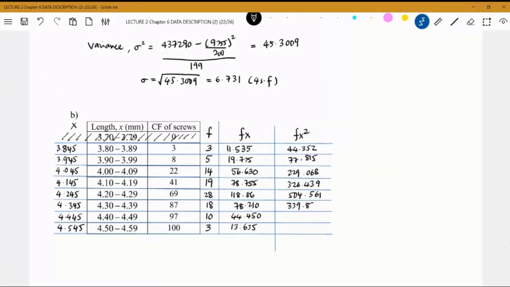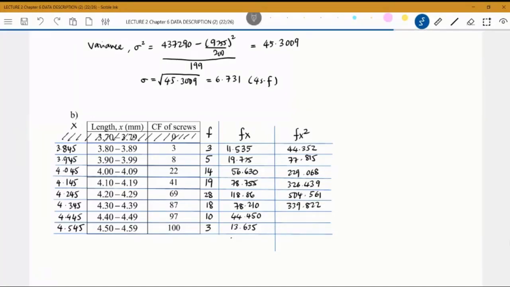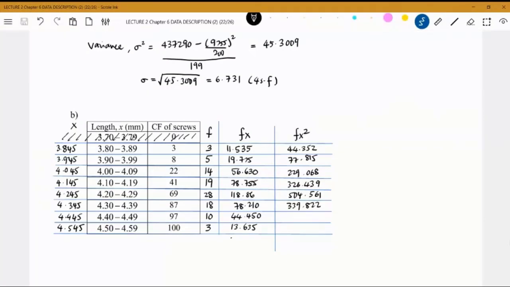How much is summation fx? 308.54? 454? Did anyone get another value? 421.80, isn't it?